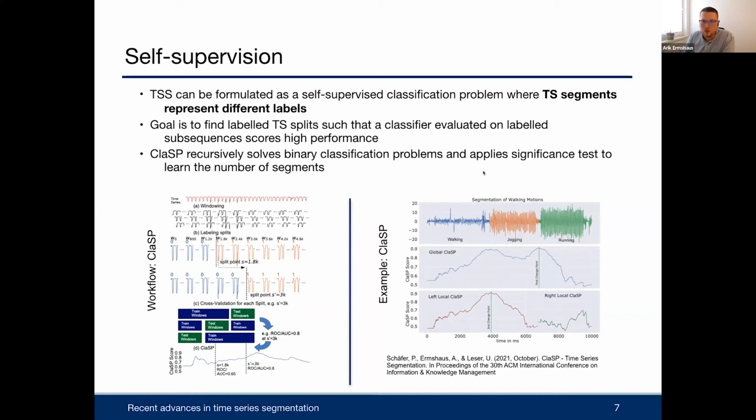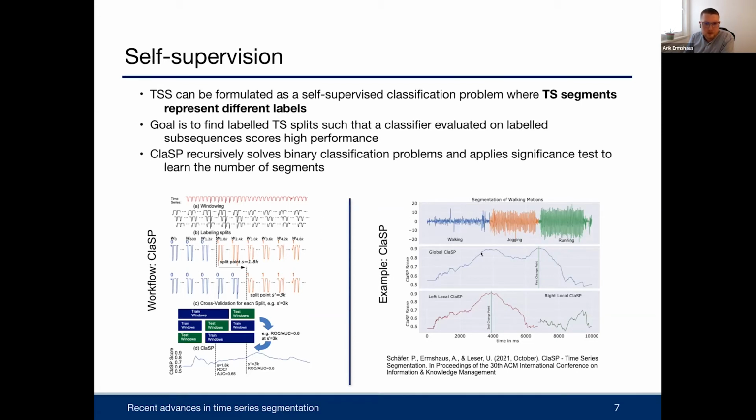You basically want to find the labels for different segments, so that the first segment is represented, for example, by label 0, and the two other segments are represented by label 1. If you find this label configuration, you can train a binary time series classifier on subsequences from these segments, and get a high classification performance.